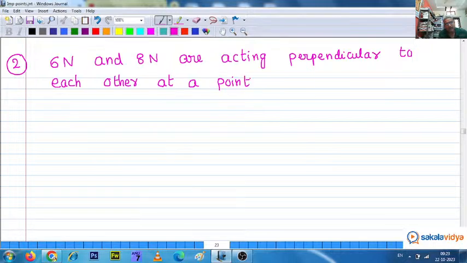That means two forces are acting at a point. They are perpendicular to each other.